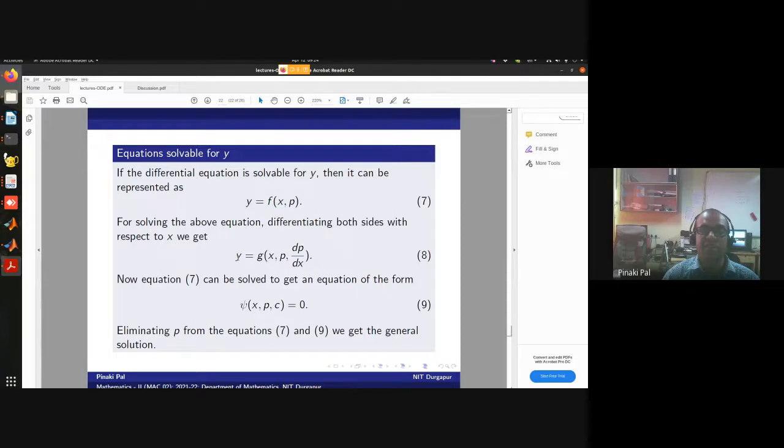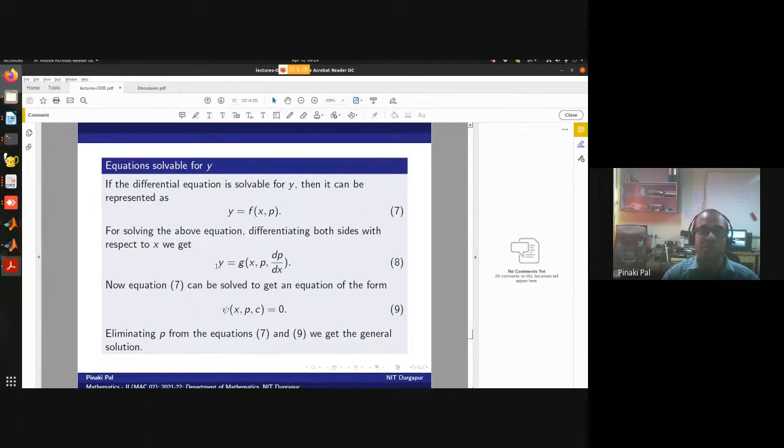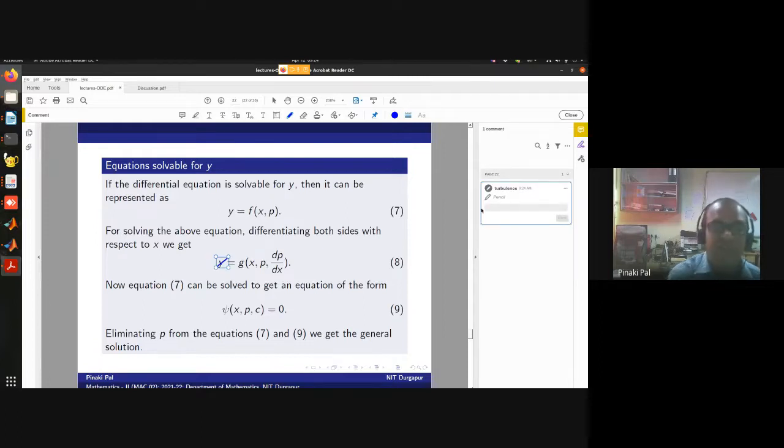In the left hand side we will get p. There is a mistake: it will not be y, since 7 is differentiated with respect to x, this will be p. So therefore, now in equation 8, you see only p, x and dp dx are involved.